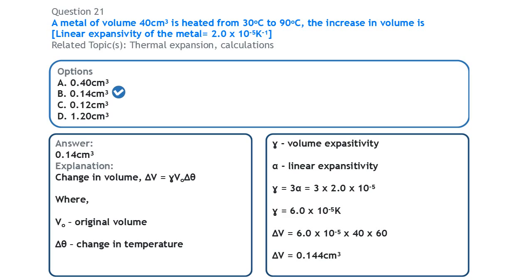We can now substitute in the formula: the volume expansivity times the original volume, which is 40, times the change in temperature, which is 60. Multiply 6 times 40 times 60, then divide by 10 raised to the power 5, because this is 10 raised to the power minus 5. You will be getting 0.144. Approximately, that will be 0.14 centimeter cube.